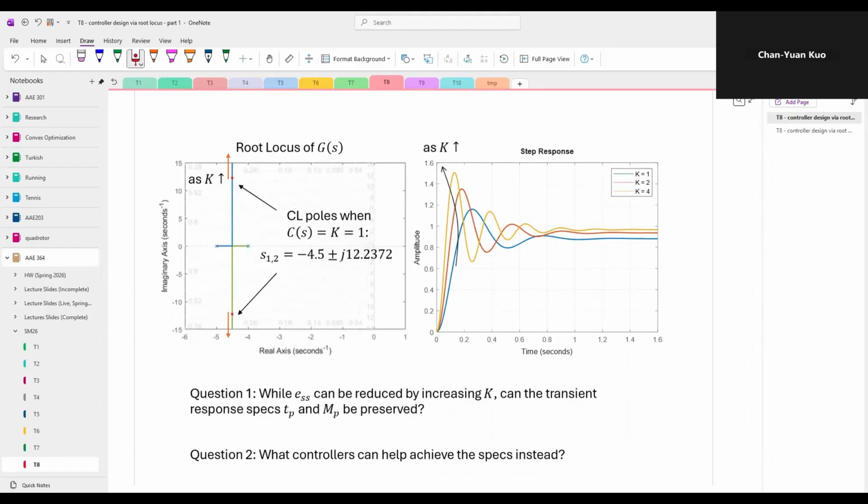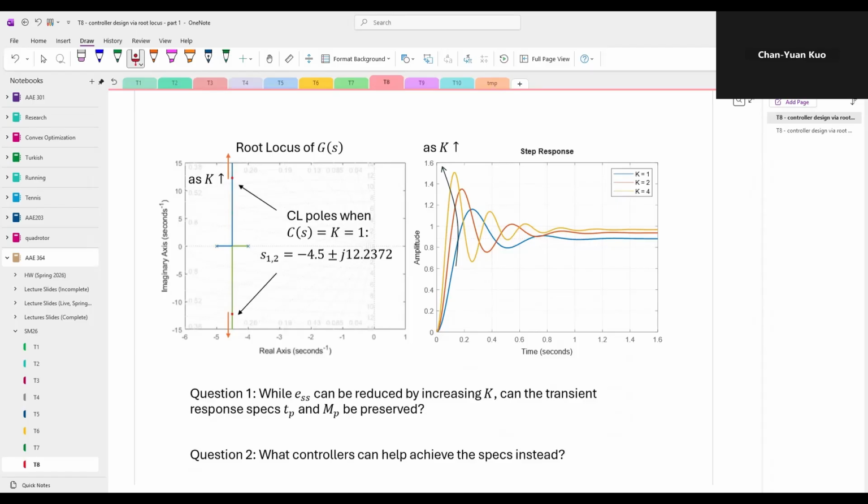However, this comes with a trade-off. As we increase the gain, the closed loop poles move along the root locus. And in this system, they move vertically, which increases the imaginary part while leaving the real part nearly unchanged.